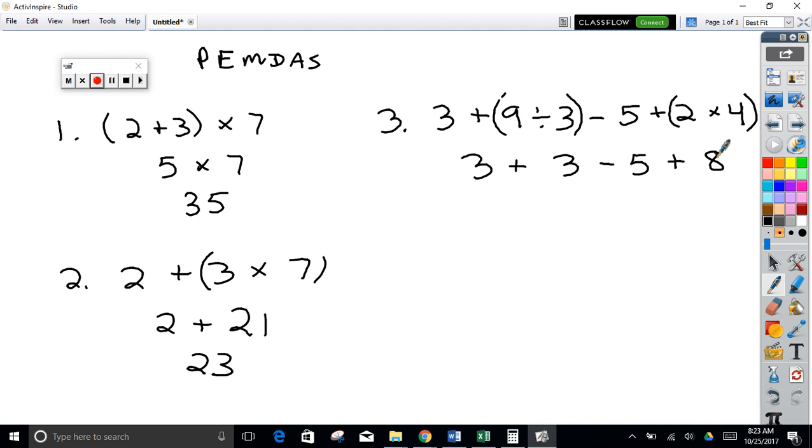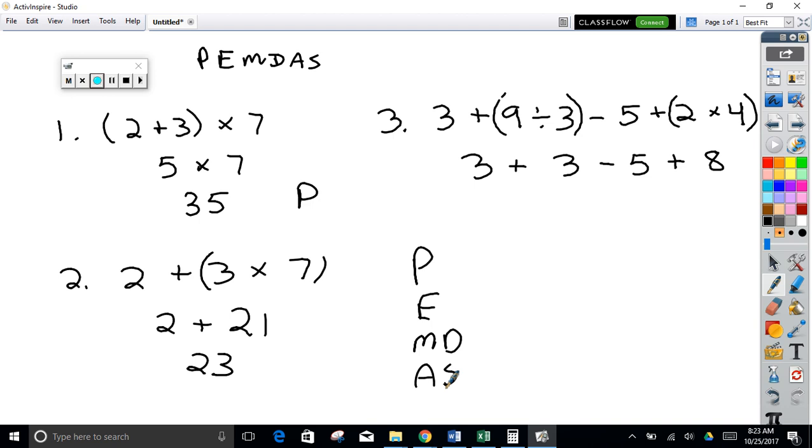It appears from PEMDAS that addition and subtraction go in a specific order. They actually don't. If we were to look at PEMDAS, it should be more like, well, let me write it over here. P-E-M-D-A-S, because addition and subtraction need to go from left to right regardless of whether it's addition or subtraction first. So let me show you how your answer might be different if you did it that way.